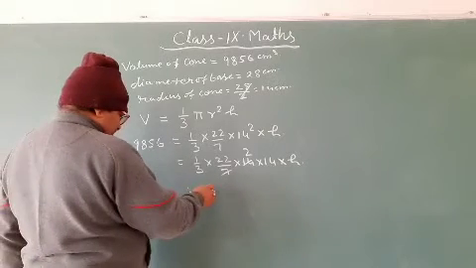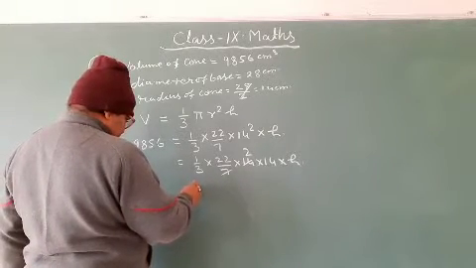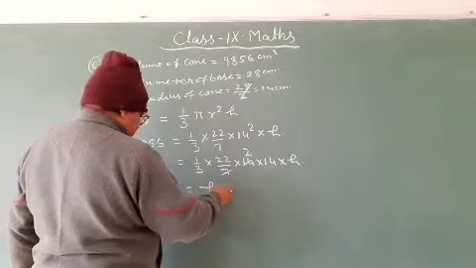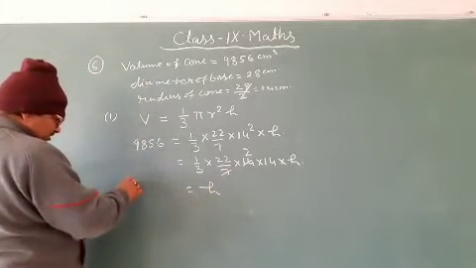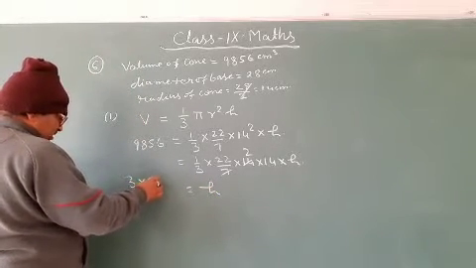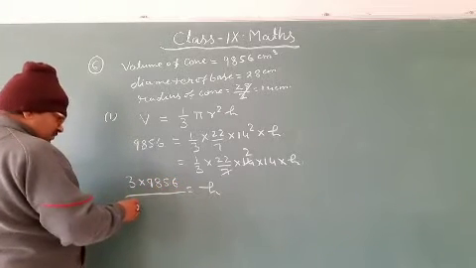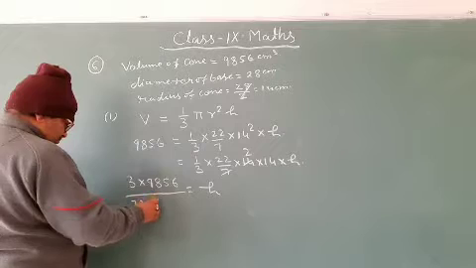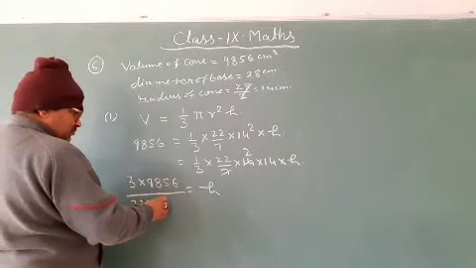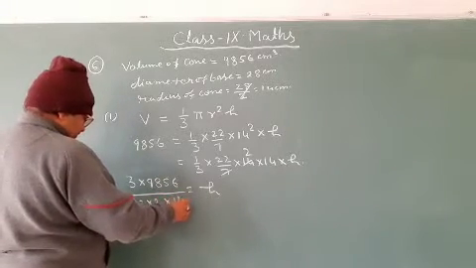So h is equal to 3 into 9856 upon 22 into 2 into 14.